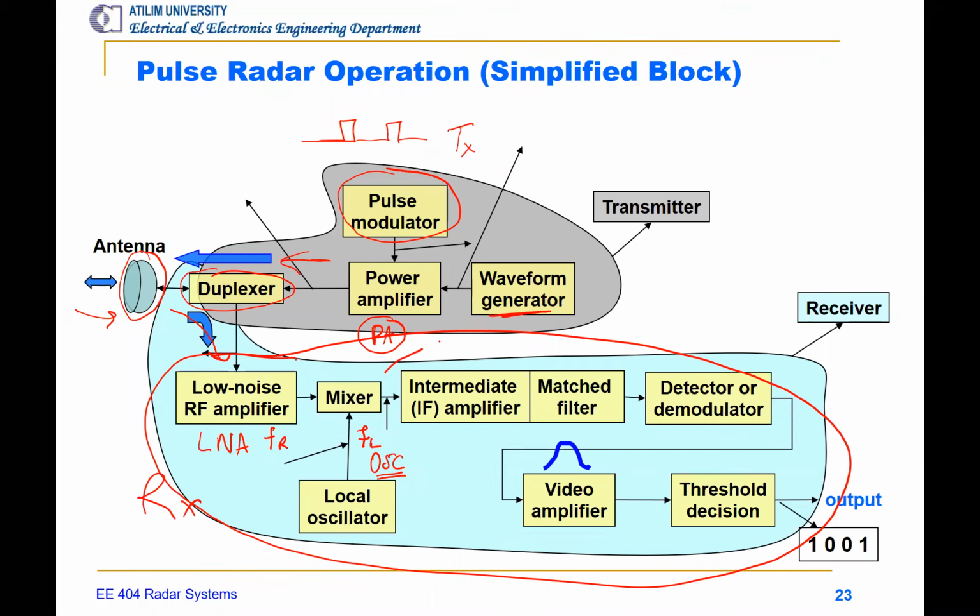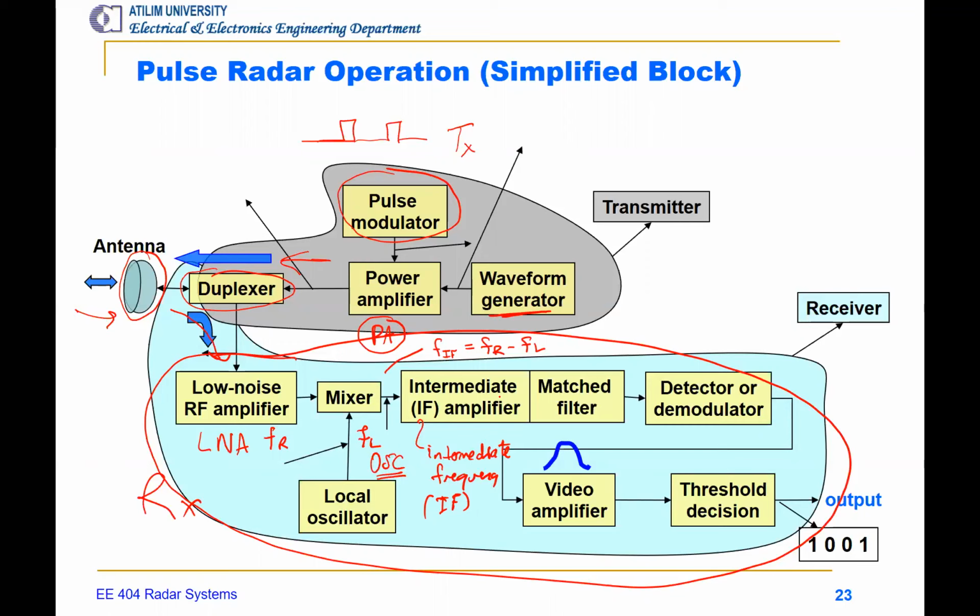Then here we have the intermediate frequency, FIF, which is the difference between FR and FL. IF stands for intermediate frequency. Usually it's on the order of several megahertz, several tens of megahertz, or several hundreds of megahertz. Not typically gigahertz.